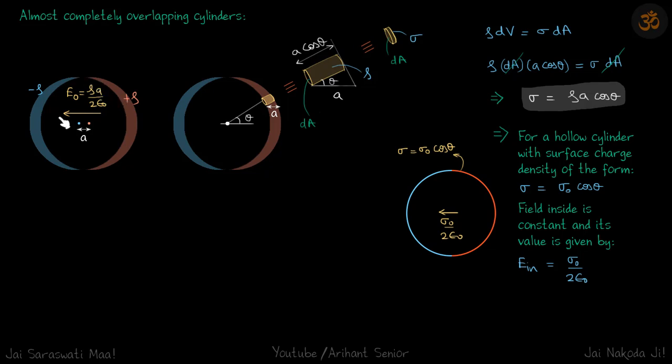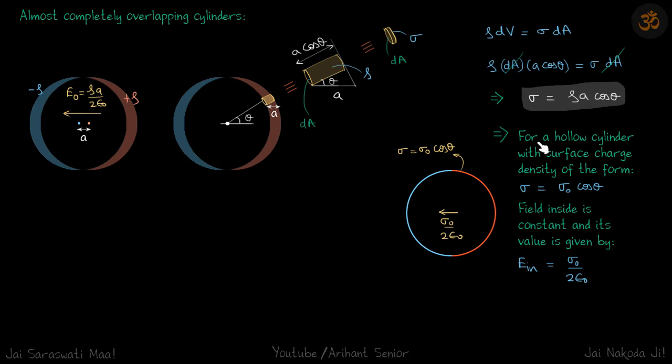Now we know that the field inside this kind of setup is constant and its value is rho A by 2 epsilon naught. If we write it in the form of sigma naught cos theta, we can compare and see that sigma naught is rho A. So the field inside is going to be sigma naught by 2 epsilon naught. Great result.